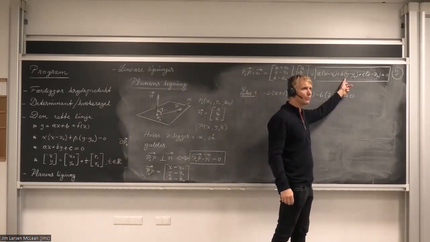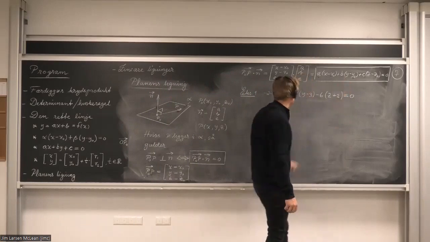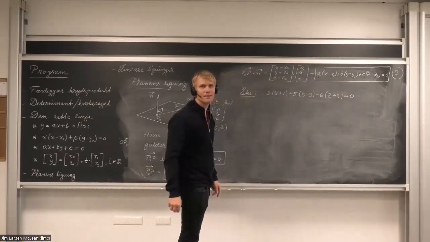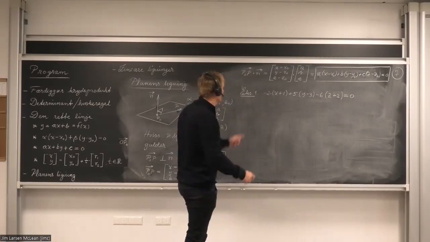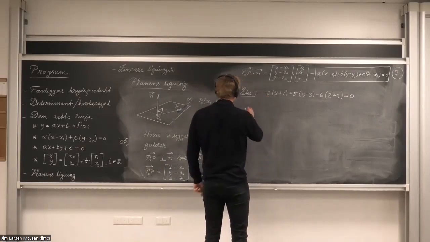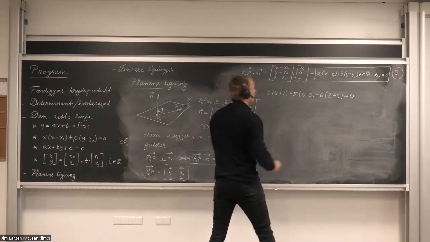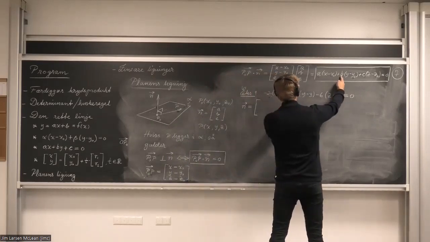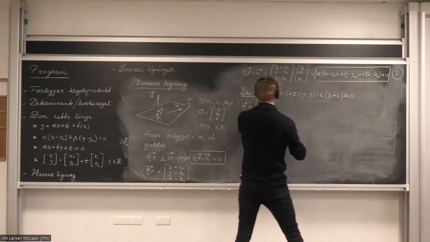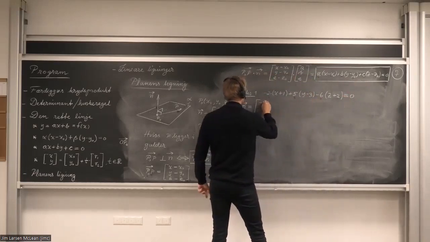Mathematics is really a lot about pattern recognition. And look at that, that's the equation for a plane. Which plane? It is the equation for the unique plane that has a normal vector with the coordinates you read there, there, and there. So that means minus 2, 5, minus 6. Those are the coordinates.